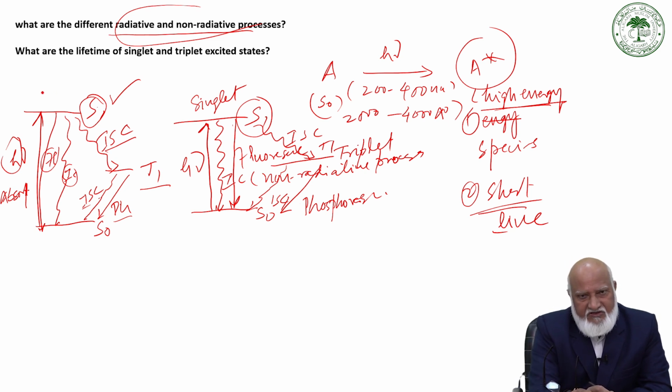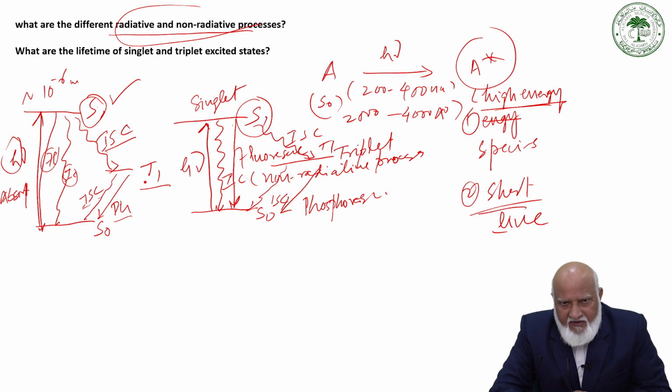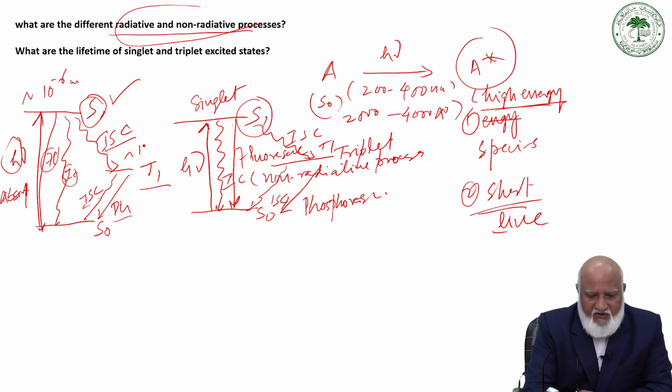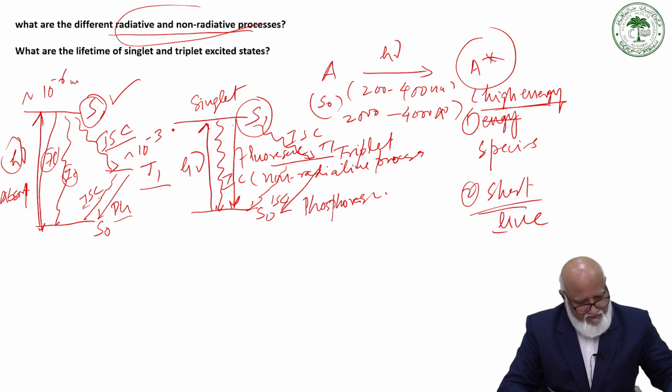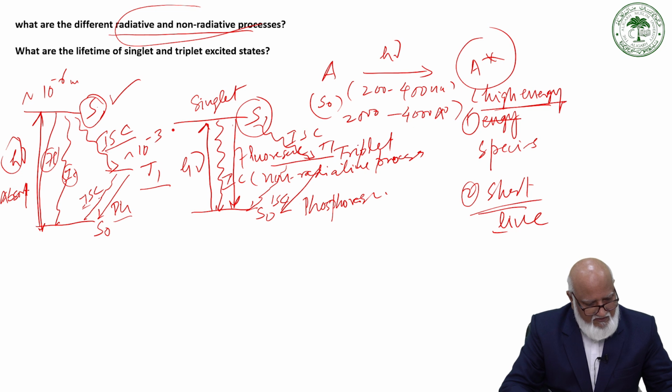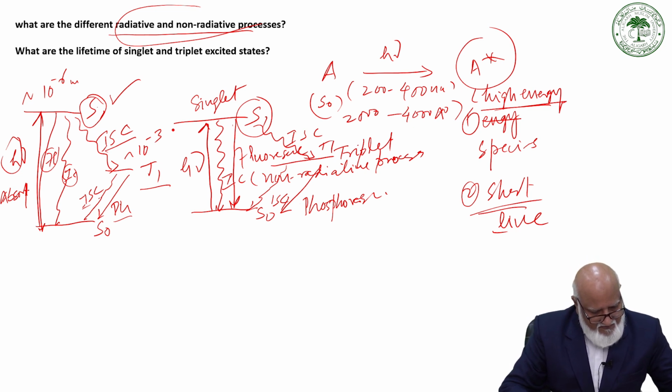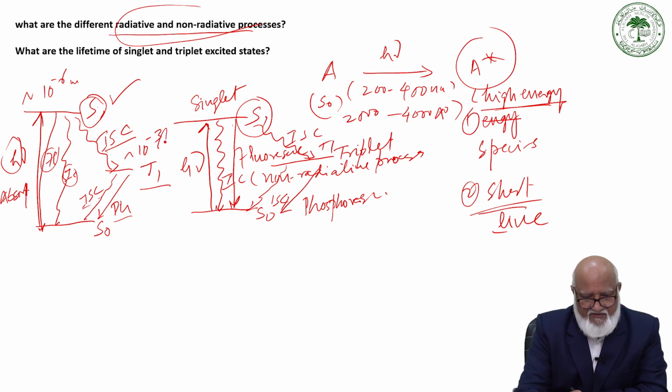The lifetime of a singlet excitation is shorter, around 10 to the power minus 6 seconds, and the triplet excitation is slightly longer, around 10 to the power minus 3 seconds, right?